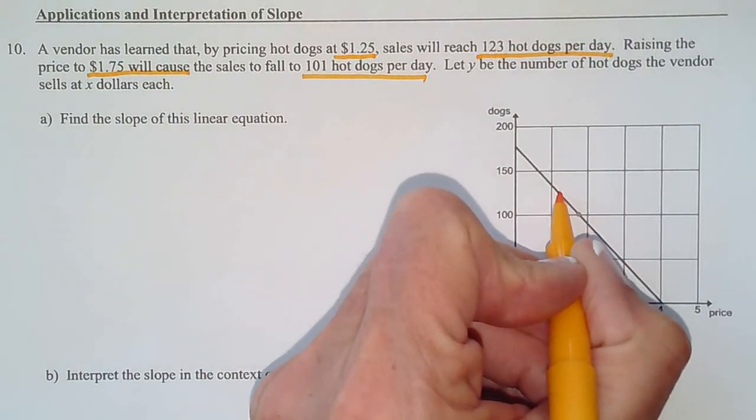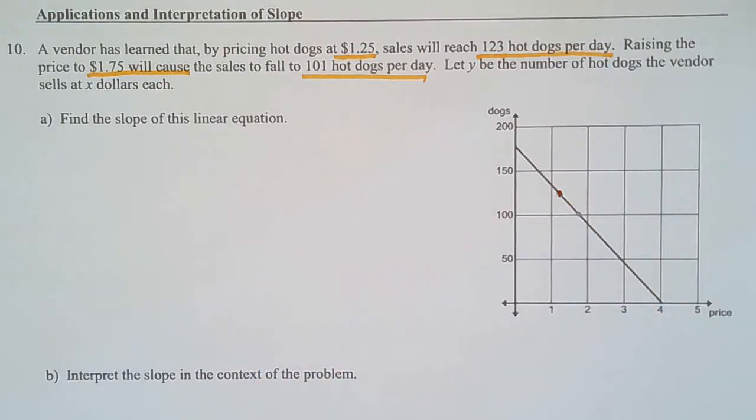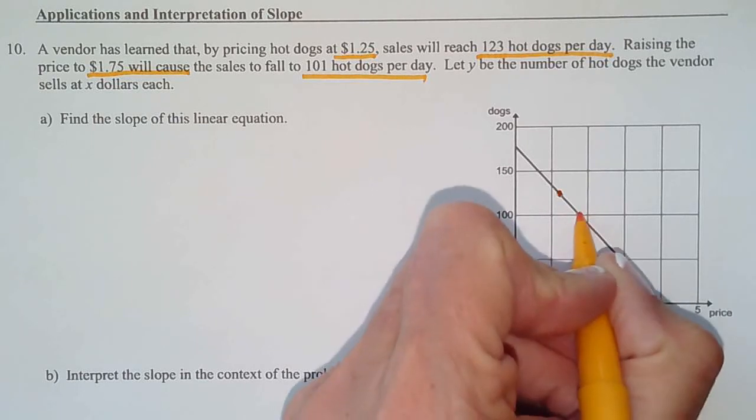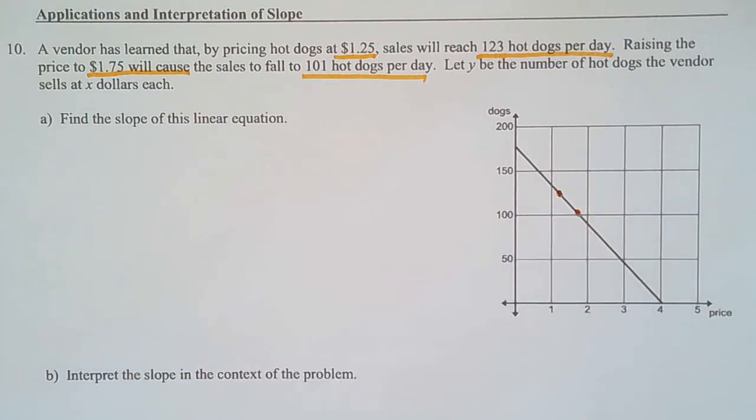You might not see it, but $1.25, 123 hot dogs is right there. And at $1.75, 101 hot dogs is right there. So those are the 2 points. We could even label them.